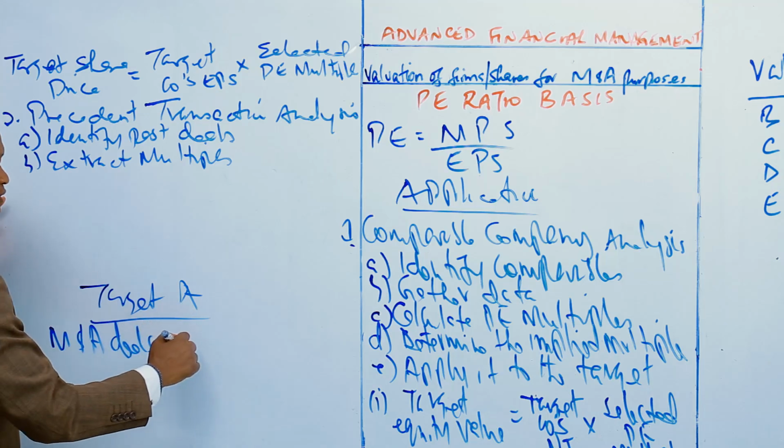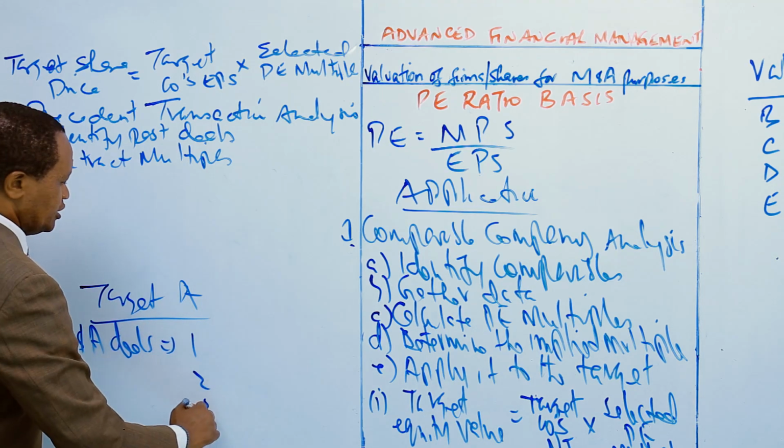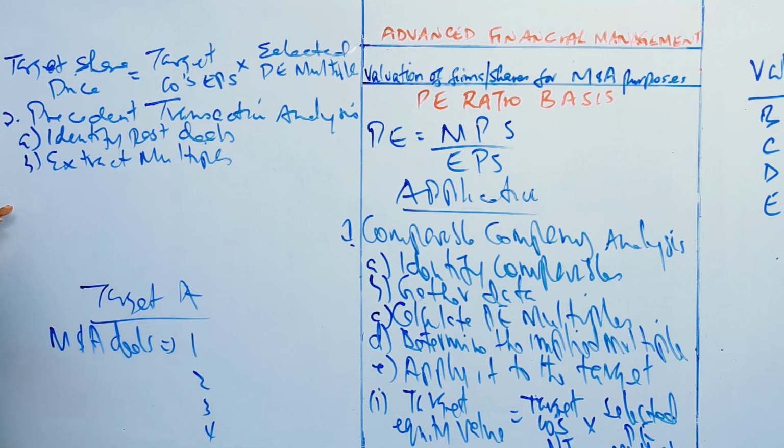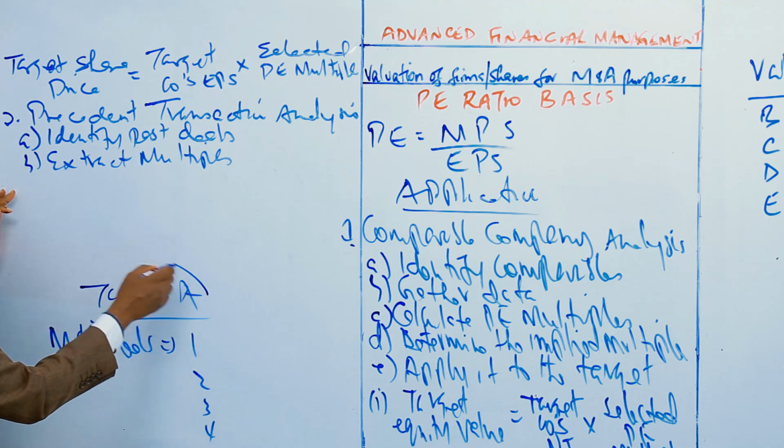It could be deal 1, deal 2, deal 3, deal 4. You look at what valuation was done in the past. Research recent mergers and acquisition transactions involving companies similar to target A.